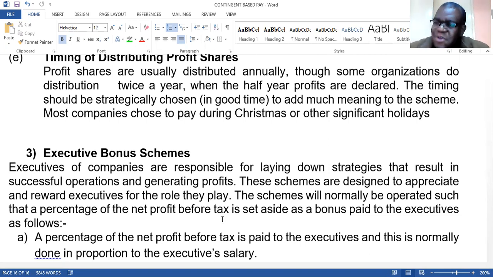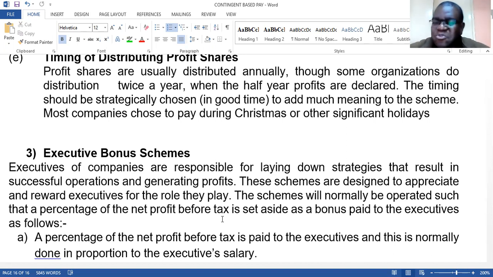And we talked about the timing of the distribution, which should be clear. Like, say Safaricom declares profit of 32 billion. They should pay, if they have such a scheme, pay their employees their profit share at about the same time. Because when we see them, we know this person works for Safaricom.